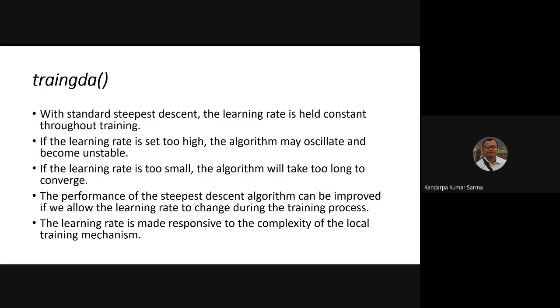That means we have formulated a technique where the learning rate is made responsive to the complexity of the local training mechanism. This is the strength of train GDA, where the learning rate will consider the local variations, and that way the learning rate will be varying.